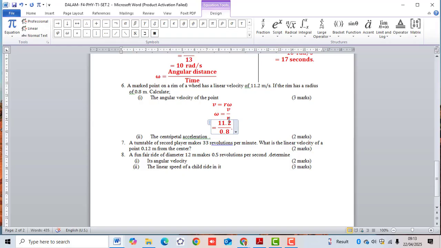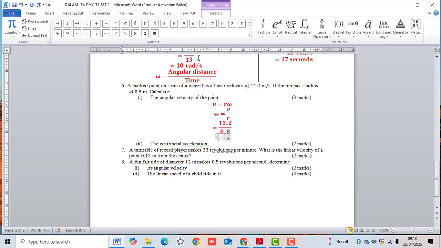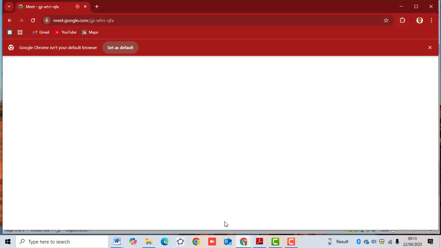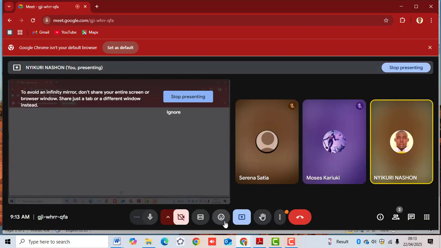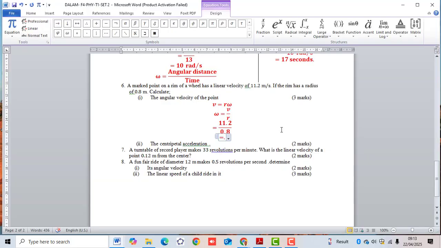What do we get? Moses? 14. That's angular velocity, that is rad per second.